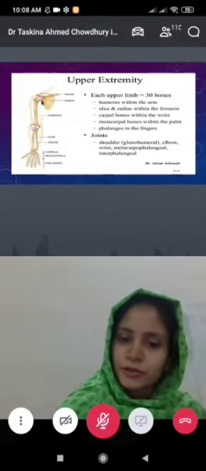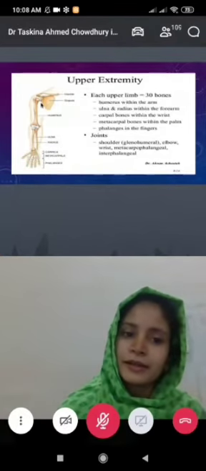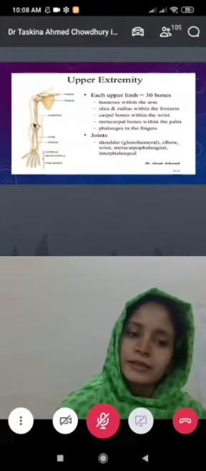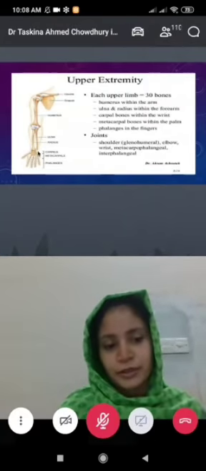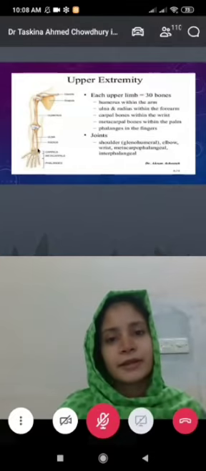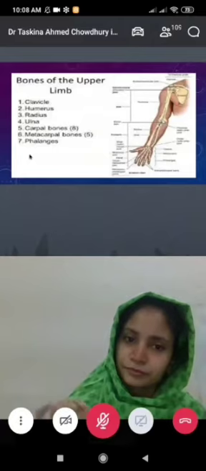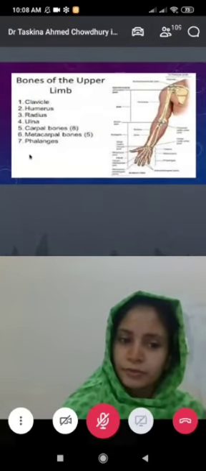There is the shoulder joint, where the humerus articulates with the clavicle and scapula. Distally, the humerus articulates with radius and ulna together, forming the elbow joint. Then there is the wrist joint, and finally, small joints of the hand. These are the bones of the upper limb.